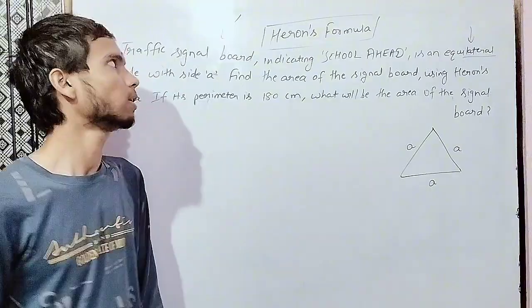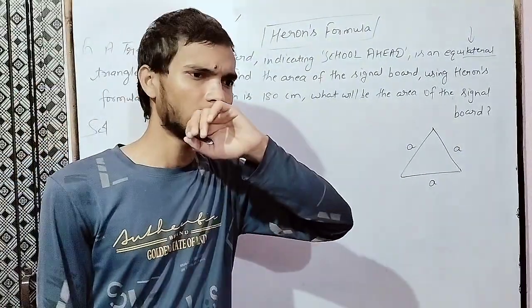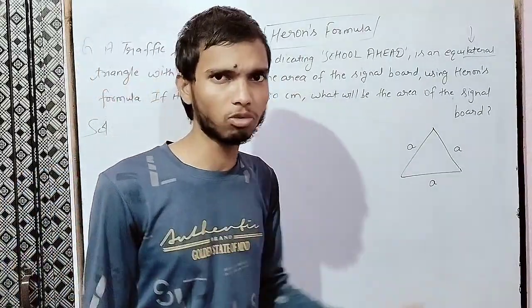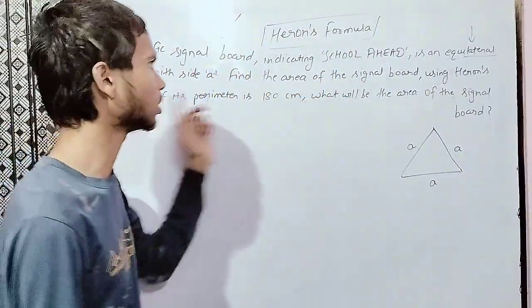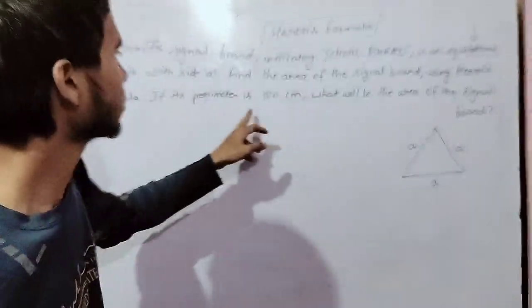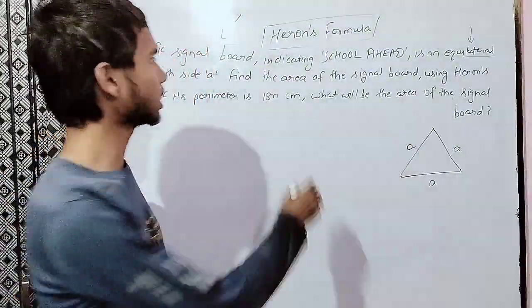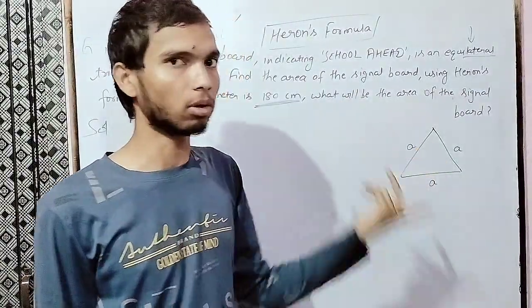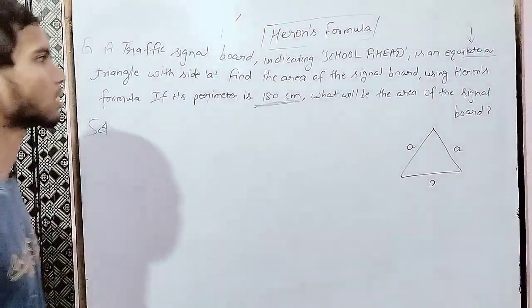We will not use the formula that looks like 1 upon 2 into base into height, because it is specified that you use Heron's formula to find the area of this signal board, if its total perimeter is 180 centimeter. What will be the area of this signal board?